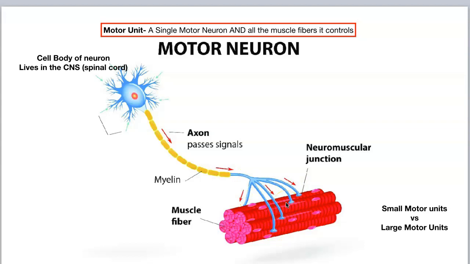You're not looking for fine, delicate control. So make sure you understand when we say a small motor unit, that would be a single motor neuron controlling a small number of muscle fibers, usually 10 or less. Now large motor units, this single motor neuron would branch and control hundreds of muscle fibers.